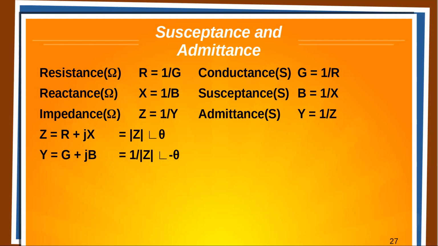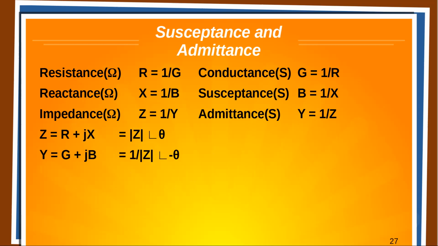The reciprocal of reactance is susceptance, and we use a B. The reciprocal of impedance is admittance, and we use Y. And this shows the standard impedance equation for the vector representation, which is resistance plus the imaginary reactance.